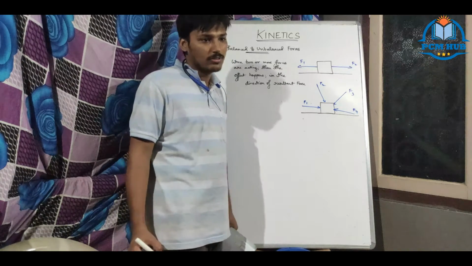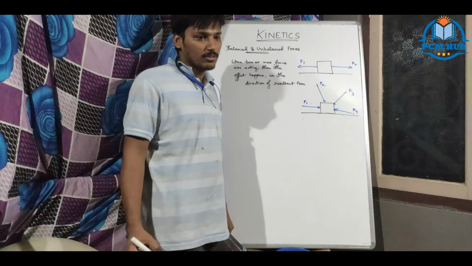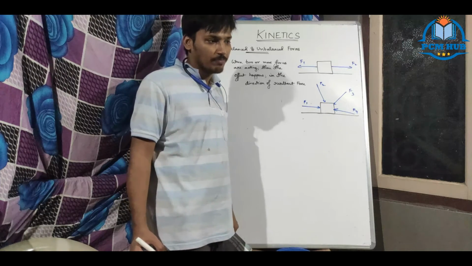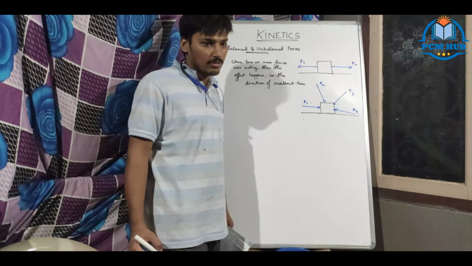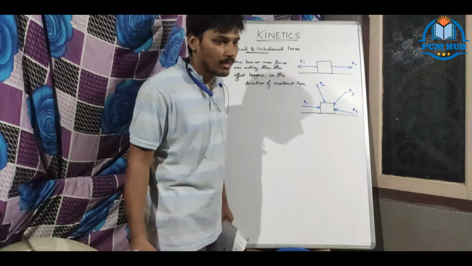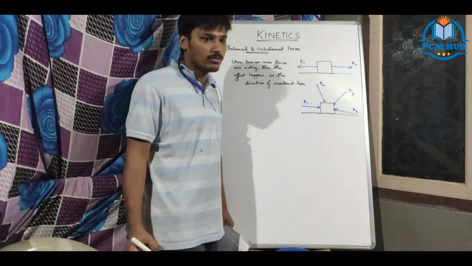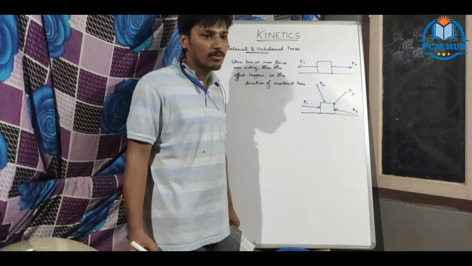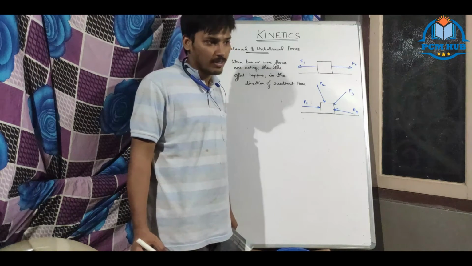Resultant force means, suppose you got 5 out of 5 in maths, 4 out of 5 in physics, and 3 out of 5 in chemistry. For example, you got 5, 4, 3. So what is the resultant? What is the average? 4. So on average you are getting 4 marks out of 5.